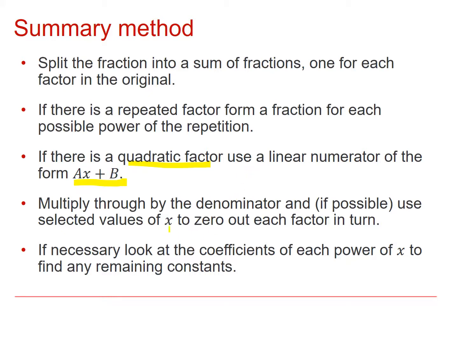And then the technique is the same as before. Multiply through by the denominator. Use selected values of x so that you get a 0 for bits of the expression. And then if there's anything left, you might need to look at the coefficients of the powers of x for any of the remaining constants.